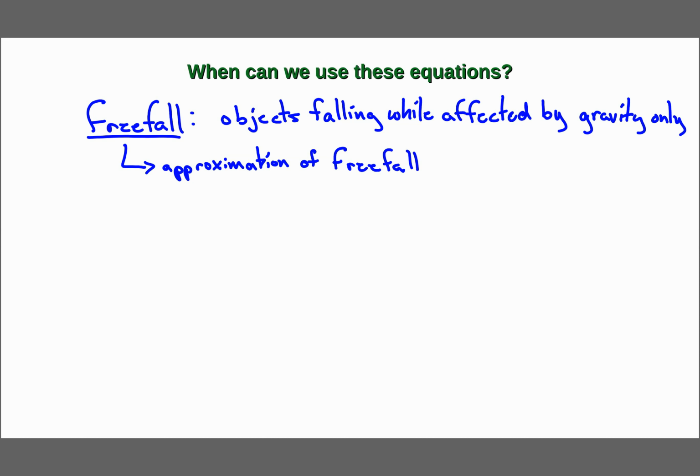So I want to take a second here to make a note about free fall and gravity. So note that when we have free fall, the acceleration due to gravity, little g, is equal to 9.8 meters per second squared.